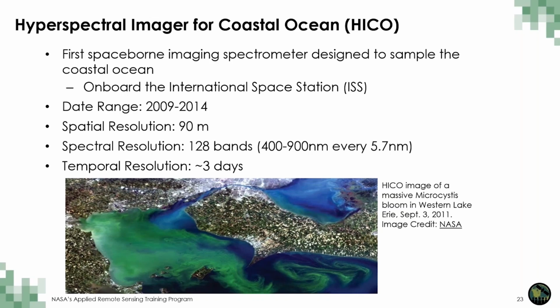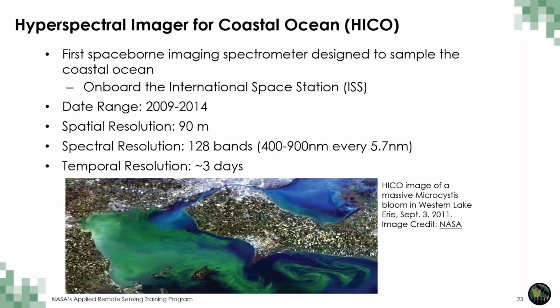The sensor had a very high signal-to-noise ratio that is indeed useful to resolve the complexity of the coastal ocean. As a demonstration instrument, HICO was designed to collect only a 50 by 200 kilometer scene per orbit.